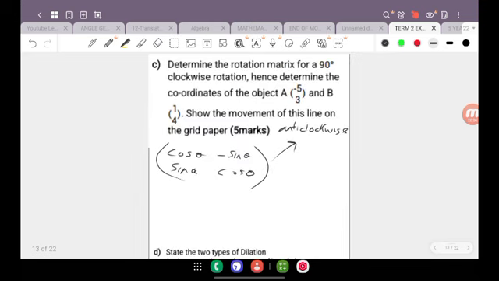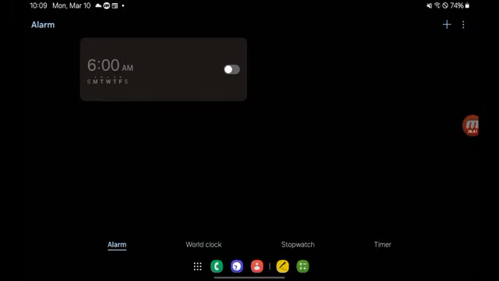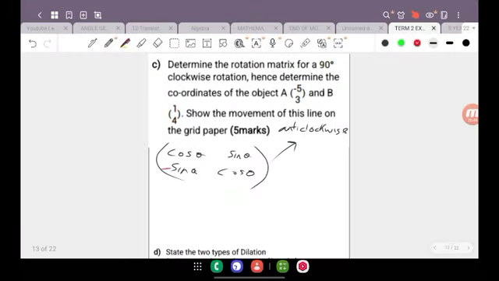Well, there's 2 ways in which you can go around this question. Now, number 1, you can go ahead and remove, say, the negative sign from here, and you can end up putting the negative sign right here instead. So that would then turn the formula into a clockwise formula.